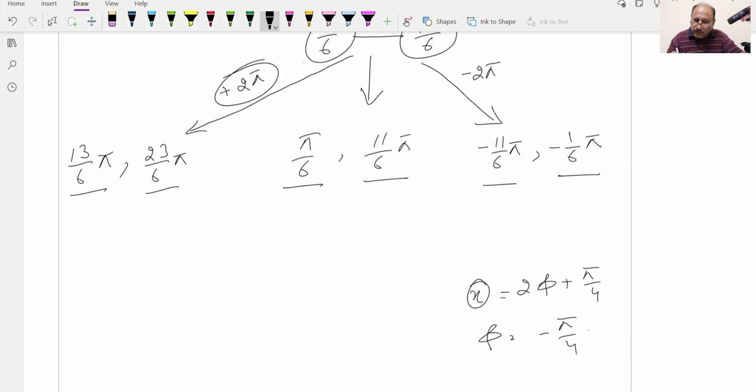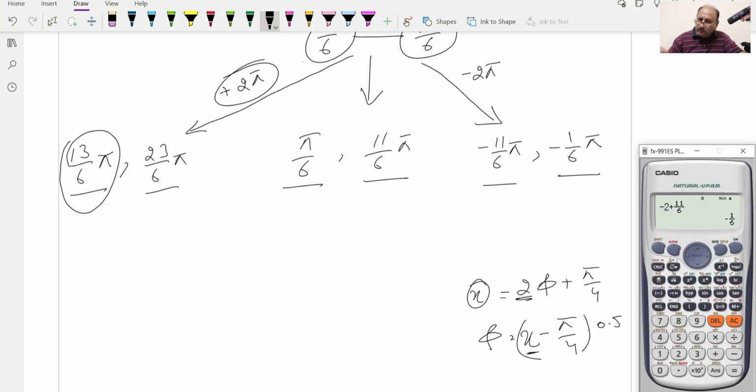Whatever value we have, for example x minus pi by 4, we will multiply it by 0.5, this 2 shifted to the other side. Now this x value, we will be taking these angles one by one. First of all, I have taken 13 by 6 and I will replace it here as the x value, and we will check the answer and see what the angle will be.